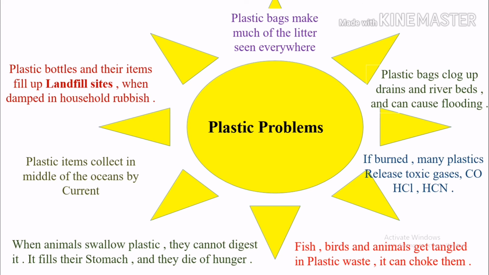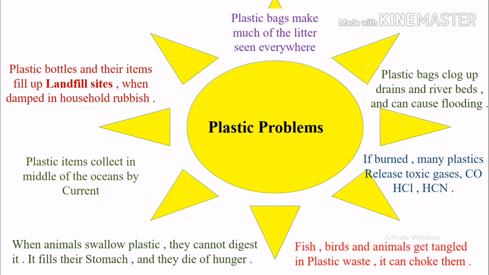Plastic can kill fish, birds and animals when they are tangled in plastic waste, and it can choke them. Plastic bottles and other items fill up landfill sites when used in household rubbish.